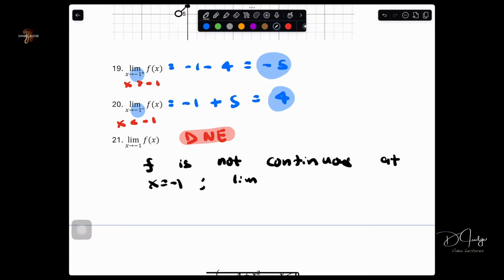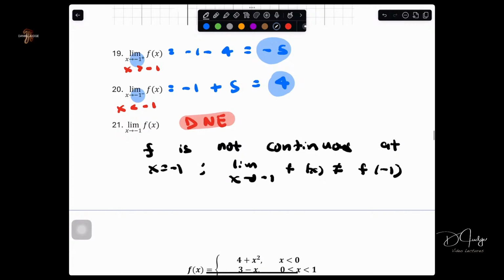Because the limit as x goes to negative 1 of the function is not equal to the value of the function at negative 1. The limit does not exist on that left side, and the value of the function is undefined. So, ladies and gentlemen, those are not the same. These are not the same ideas.